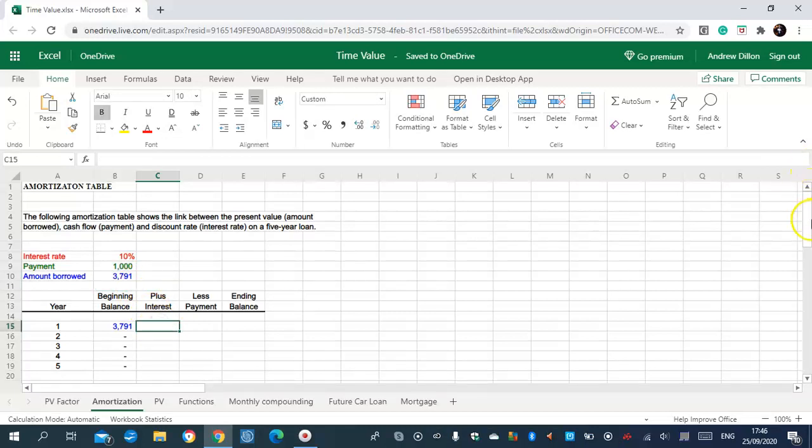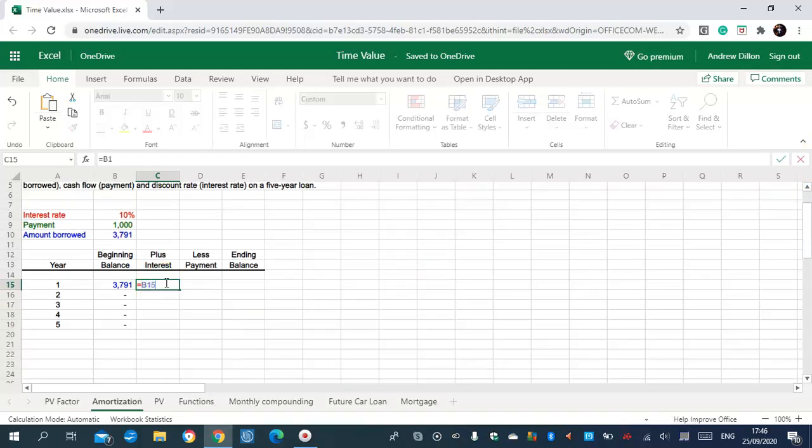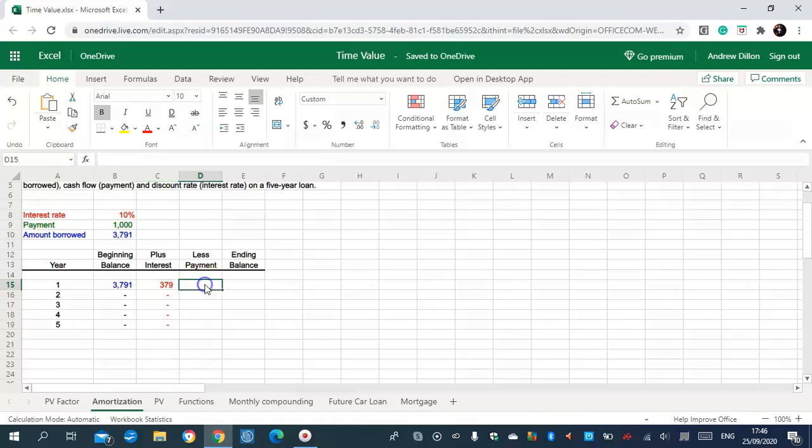That's correct. Now let's calculate the plus interest. Okay, calculate the less payment. $1,000.